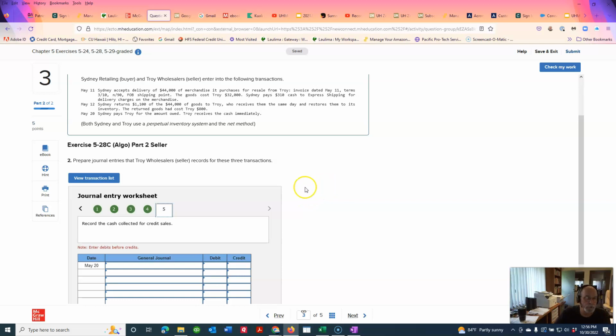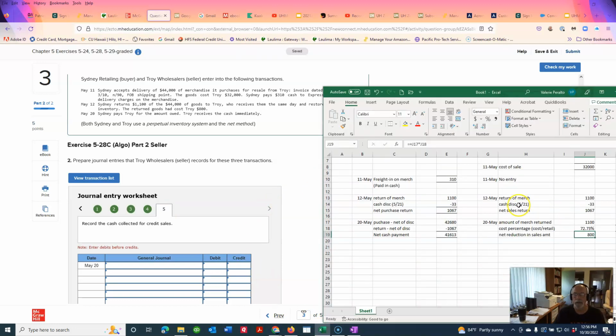On the seller's books, they're going to be collecting that payment, also net of the return. I'm sorry, this is the wrong date. This entry should be dated May 12th, and then we have the payment entry for the seller, which is on May 20th.